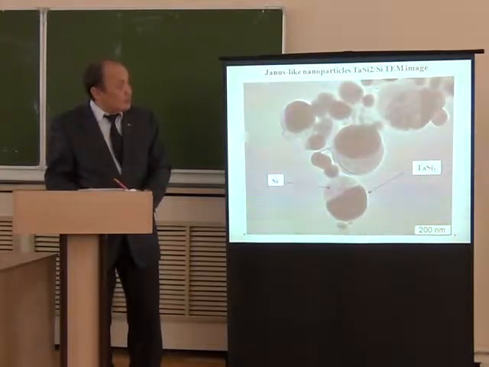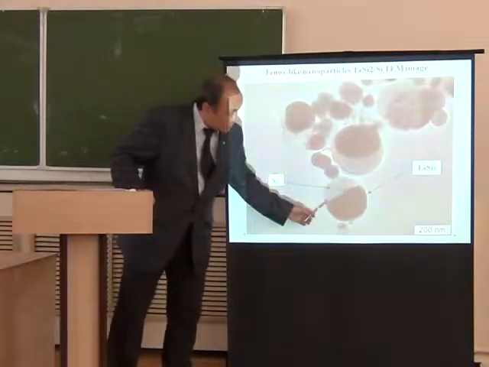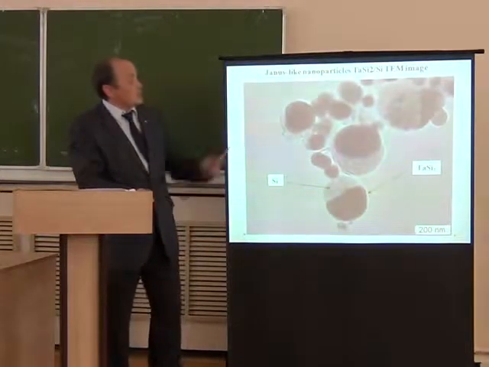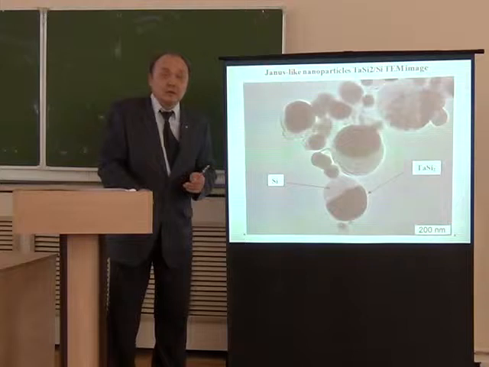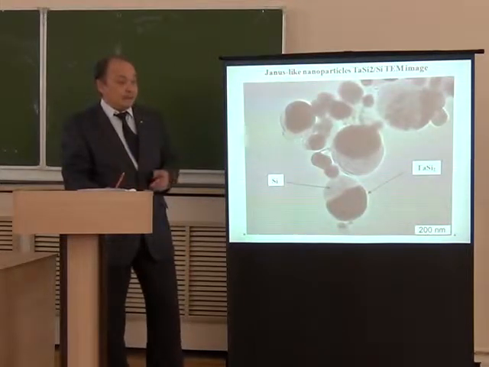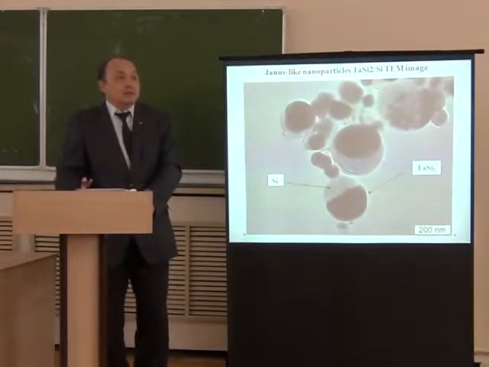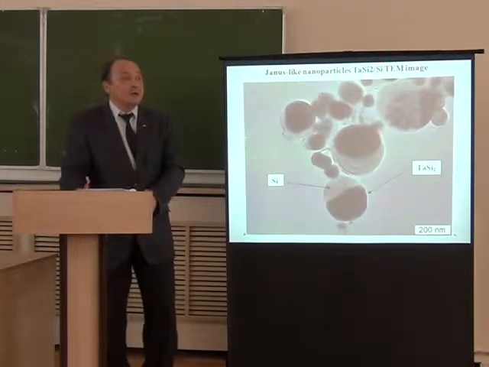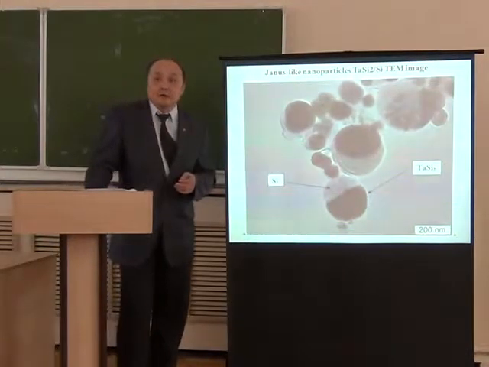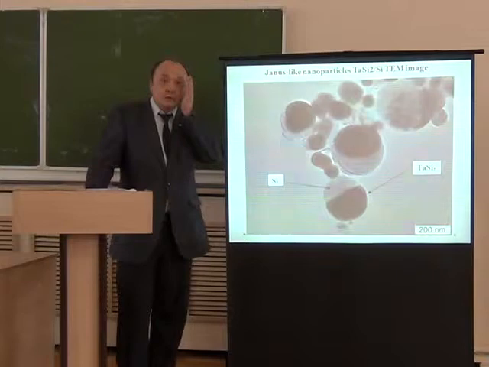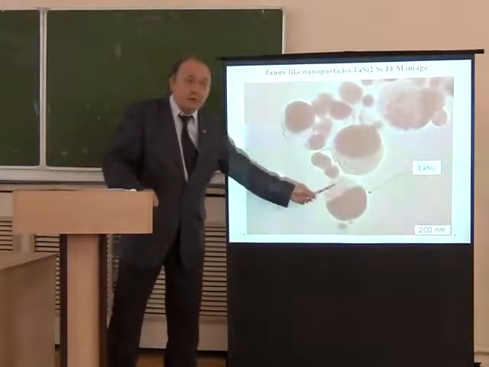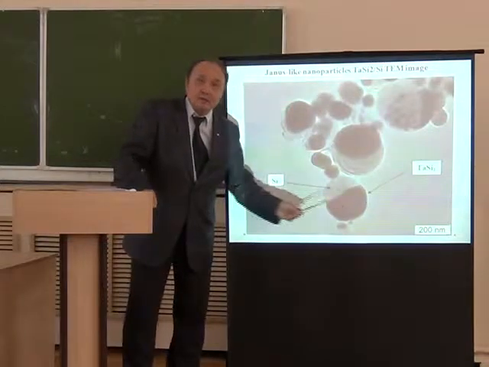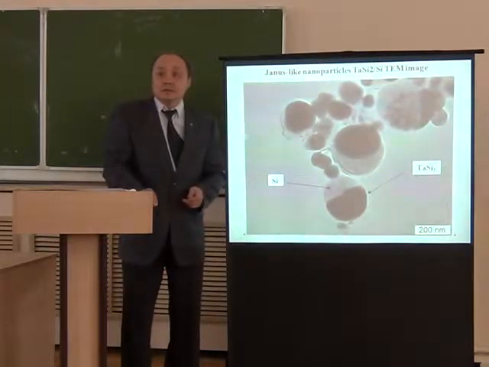So these nanoparticles are named Janus-like nanoparticles, because this particle has two phases. One phase is dielectric, the other phase is metal.